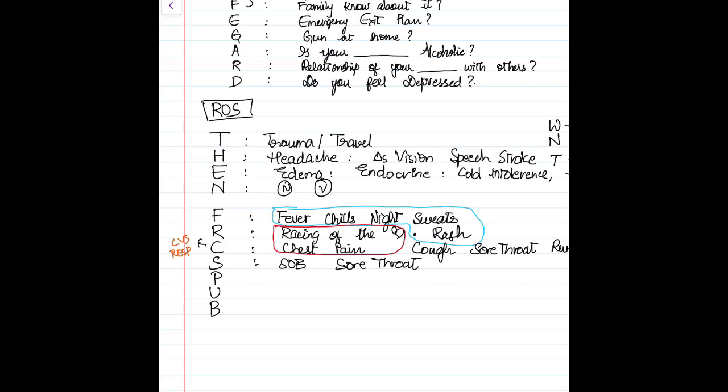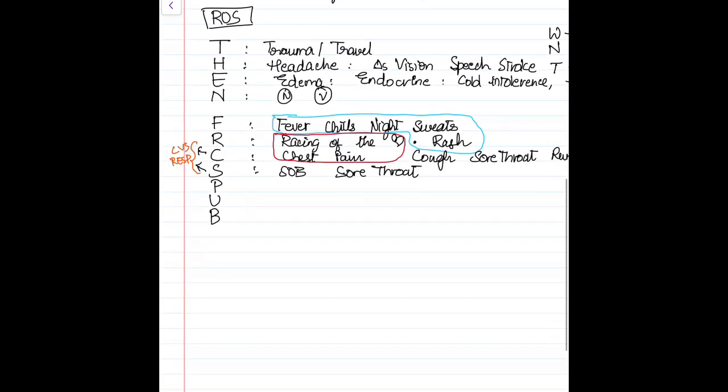So this is what it is. CVS and respiratory are covered under C. It's another easy way to remember that. And pain. Do you have pain in your belly, which is already covered under G of Pam Hug Foss? And the most important thing that you have to remember is pain in your joints. Then do you have urinary complaints?